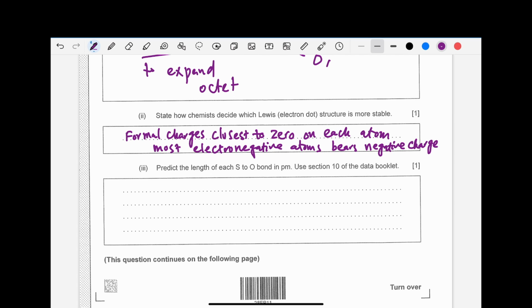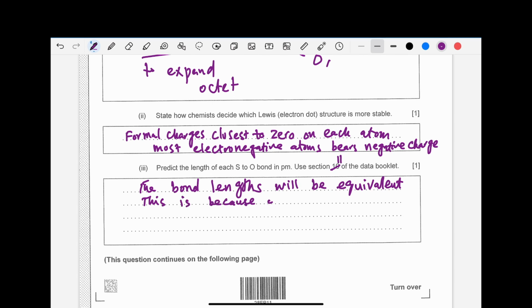So section 10 is now section 11 in the new specification. So all bond lengths will be equivalent. All sulfur to oxygen bond lengths will be equivalent. This is because of resonance, or we call it delocalization.